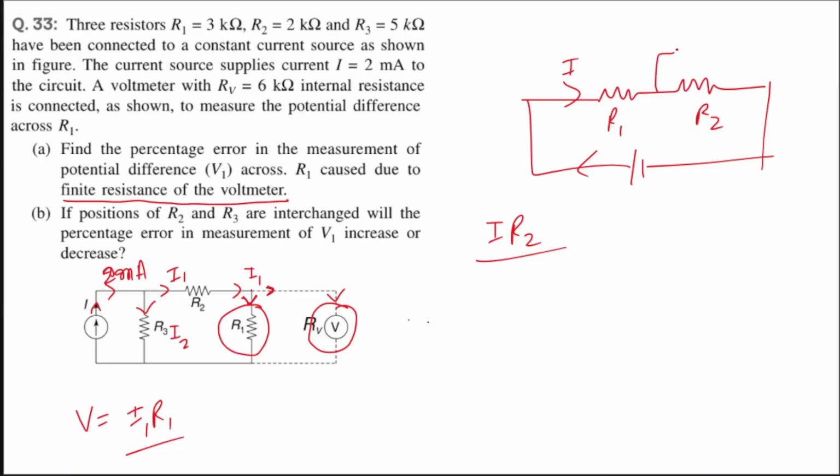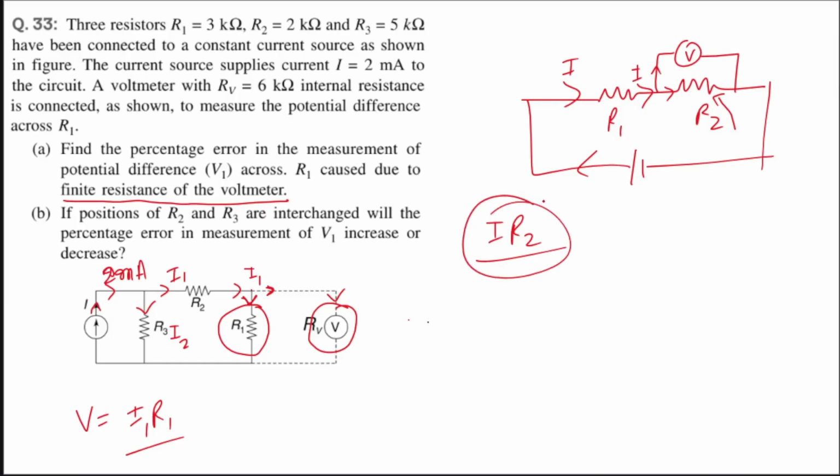So we will connect the voltmeter over here in parallel with this. But now this current I no longer will flow through R2. Some value of I will get divided, some will go here, some will go here. Right? So now a lesser value of potential drop will be here. And so whatever reading the voltmeter gives us will be lesser than IR2.